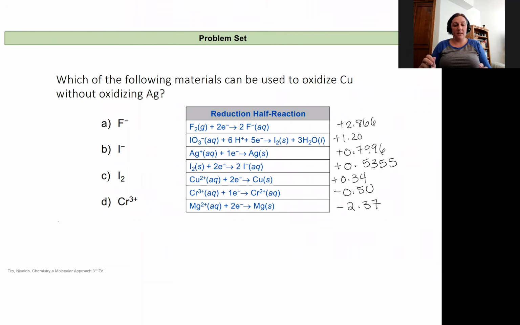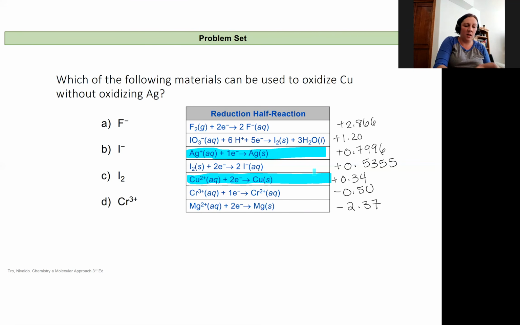Let's look at another example of this and think about it a little bit differently. So here I have a set of materials. I've got fluorine, iodine, iodide and iodine, and then chromium ions. And the question is, which of the following materials will oxidize our copper without oxidizing our silver? So let's highlight these. Here's our silver, and here's our copper.